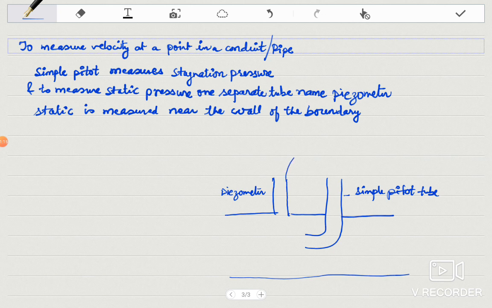Both of these are connected. Actually, I want to have one level high.